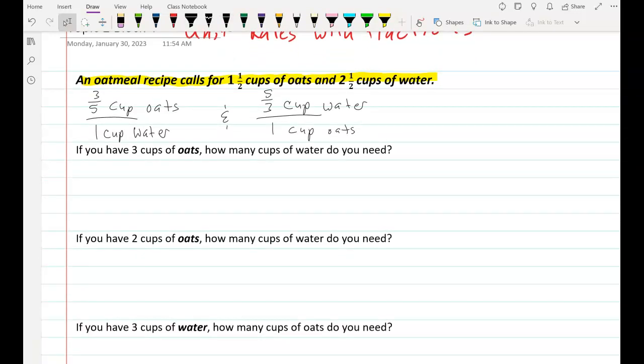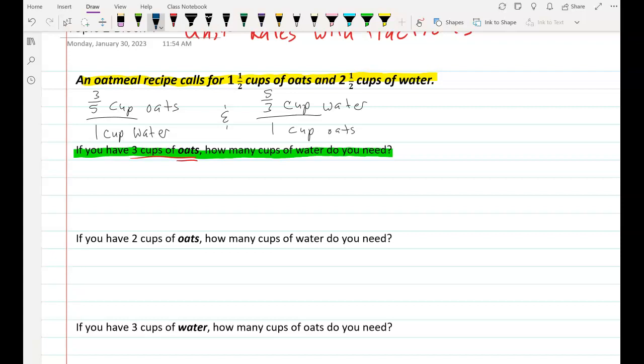Now, this next question, and you'll want to write it down, is: if you have 3 cups of oats, how many cups of water do you need? The key thing here is we know that we have 3 cups of oats. Since we know how many cups of oats we have, we know which unit rate to write down.